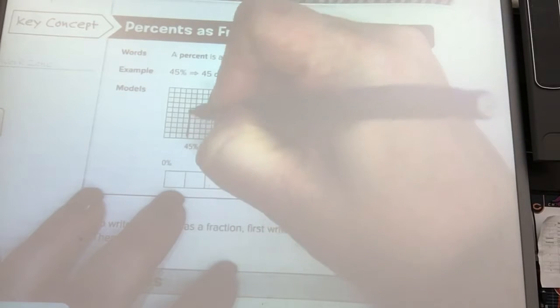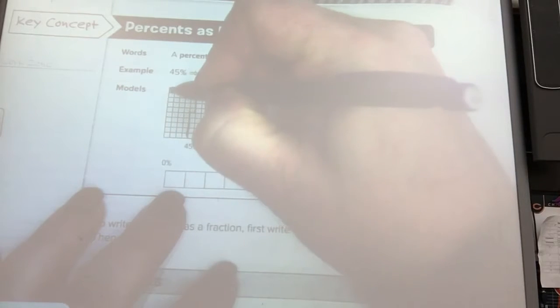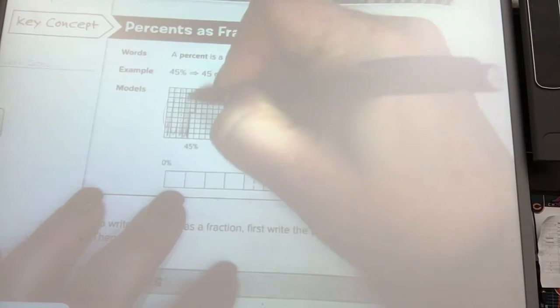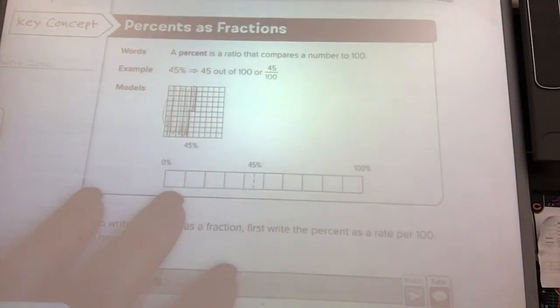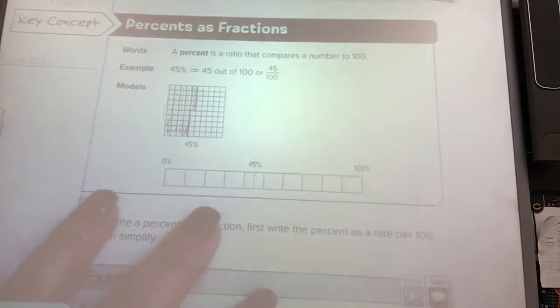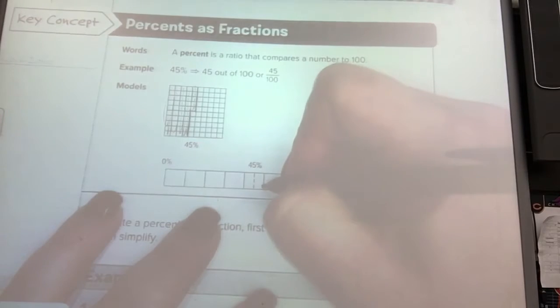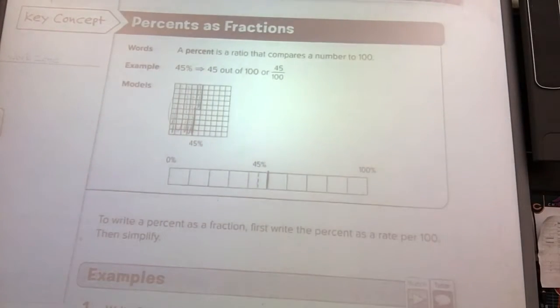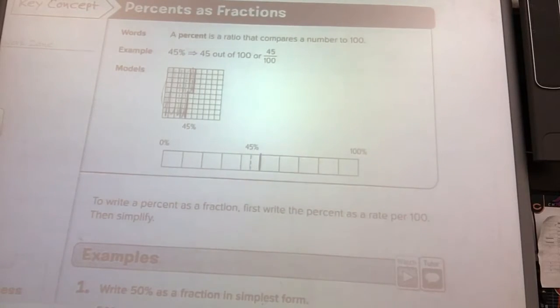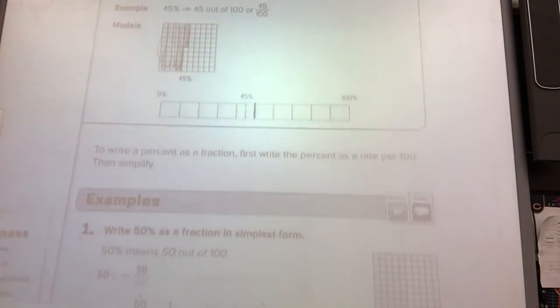Here in your book, all of this is shaded in, showing 45 out of 100 is shaded in. Or if you want to do it on a number line, here's 50, so 45 is right between here, 45% out of 100. Percents are always out of 100.